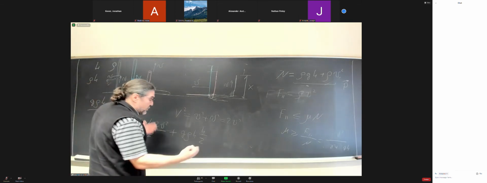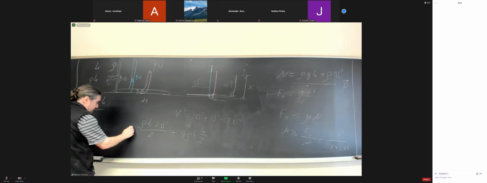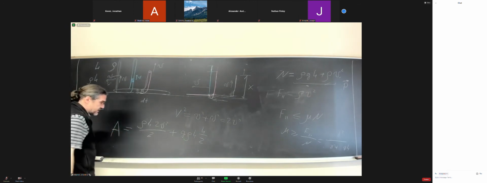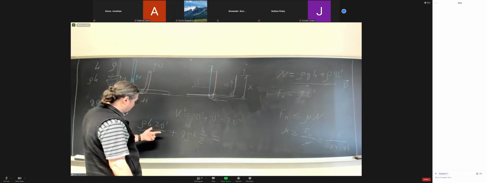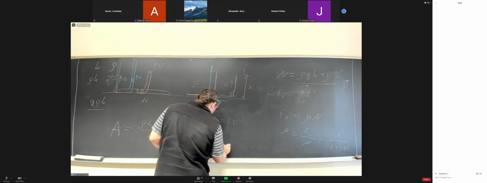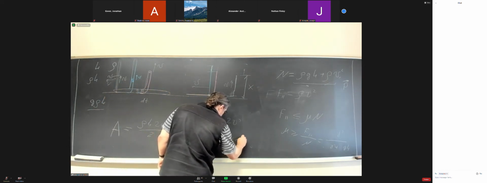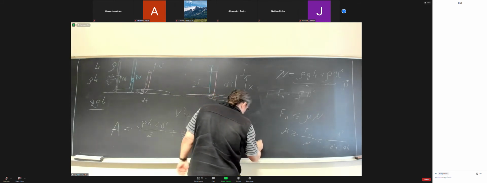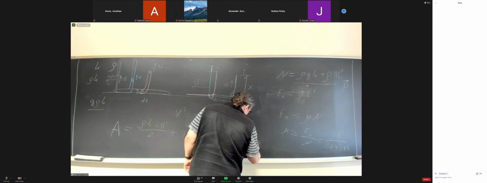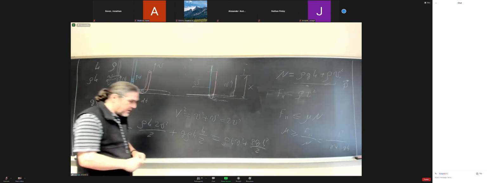The initial energy was 0, so that must be the total work which the snake is doing. And it will be rho L v squared plus rho g L squared over 2. So that's the answer.